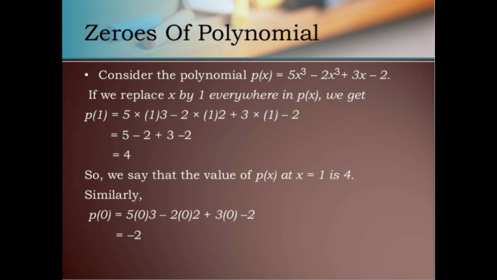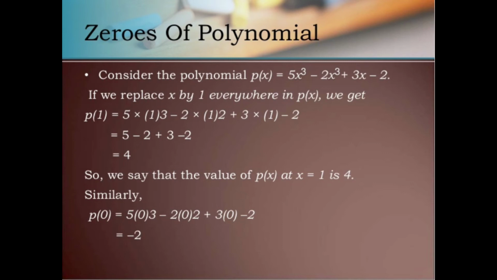Zeros of polynomials. Consider the polynomial p of x equals 5x cubed minus 2x squared plus 3x minus 2. If we replace x by 1 everywhere in p of x, we get p of 1 equals 5 times 1 cubed minus 2 times 1 squared plus 3 times 1 minus 2.